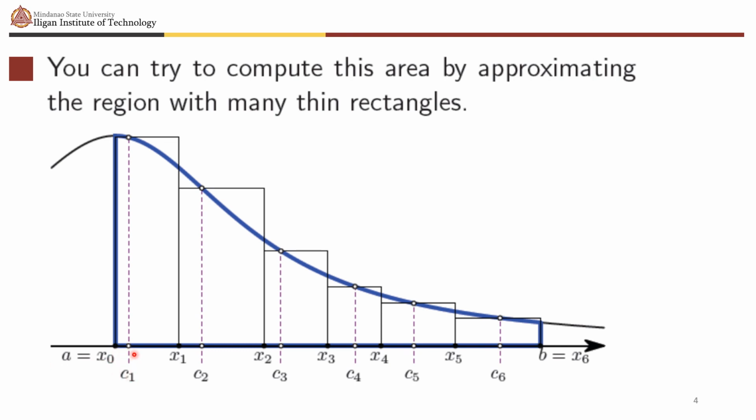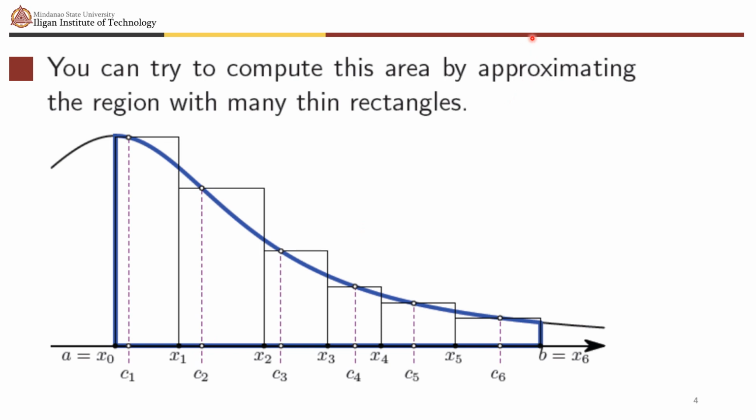So the area of this first rectangle is the product of its height and width. So what is its height? We have here f of c sub 1 times this, we call this your delta of x sub 1.